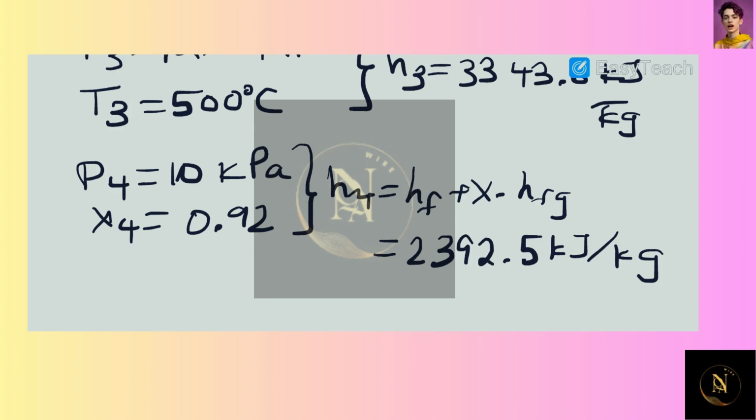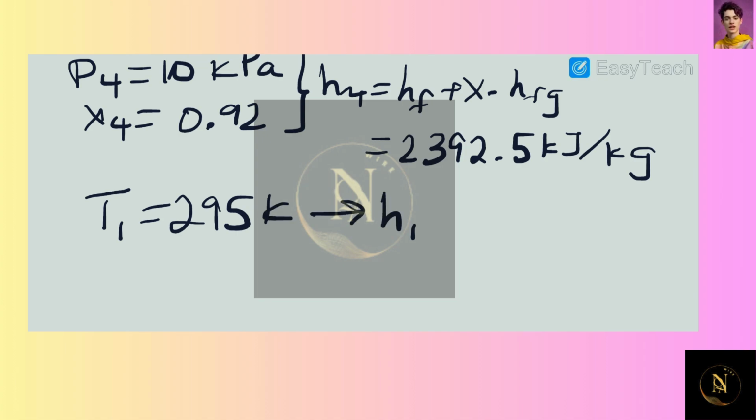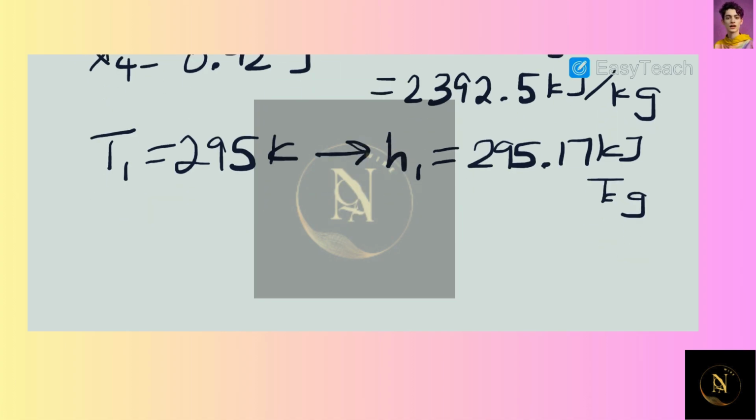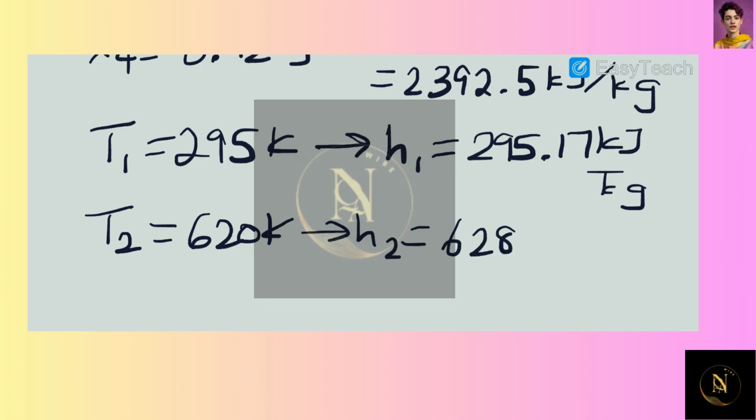From the air table, we can then deduce that with an input temperature into the compressor of 295 Kelvin, the input enthalpy into the compressor is 295.17 kilojoules per kilogram. Similarly, with the exit temperature known of 620 Kelvin, this gives us an exit enthalpy equal to 628.07 kilojoules per kilogram.